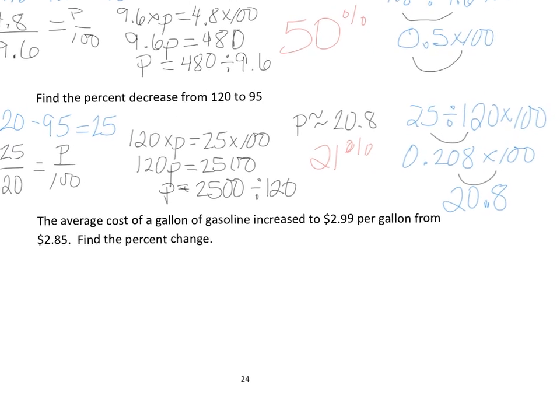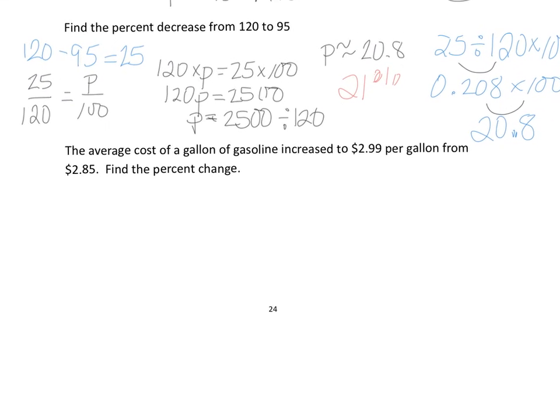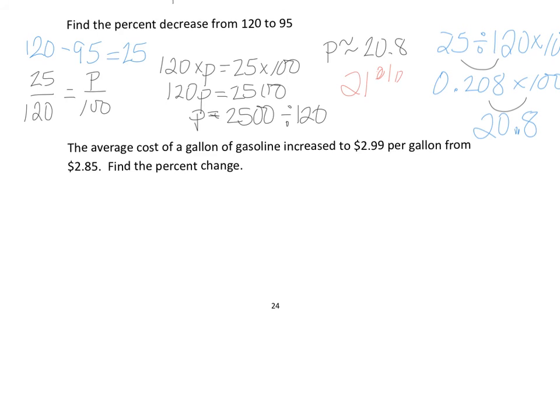The final example of percent of change. The average cost of a gallon of gasoline increased to $2.99 per gallon from $2.85. Find the percent of change. The first thing we want to note is that this is going to be percent of increase.